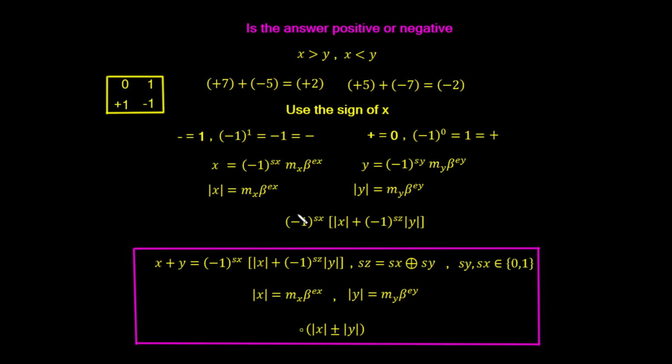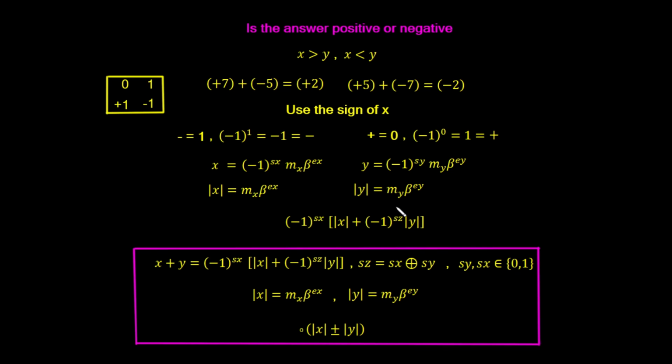So the algorithm that we looked at before told us that if we were to take our value for x and had to work out whether we had to add or subtract, we work that out by determining the value SZ.